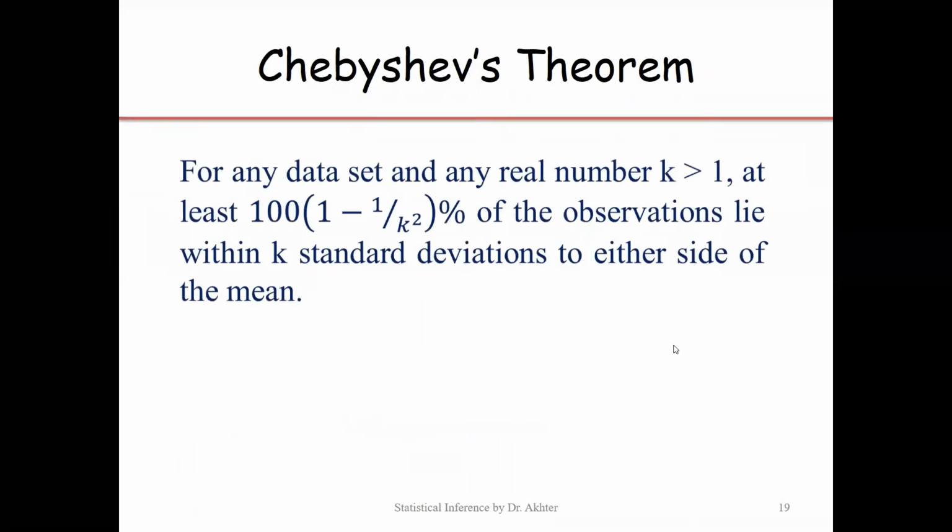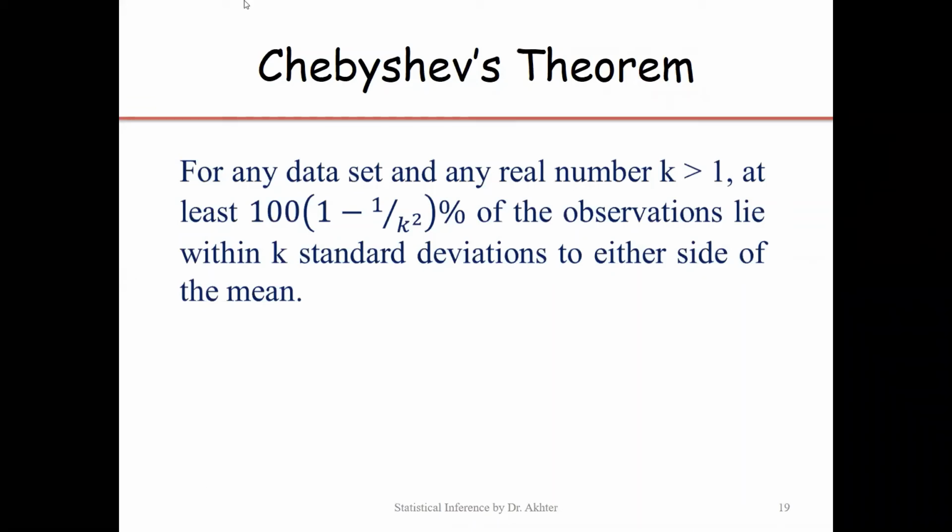Now the next topic is the Chebyshev theorem. Chebyshev theorem gives us the probability, or the percentage of observations, that lie between the mean plus or minus 2 sigma, 3 sigma, and so on.